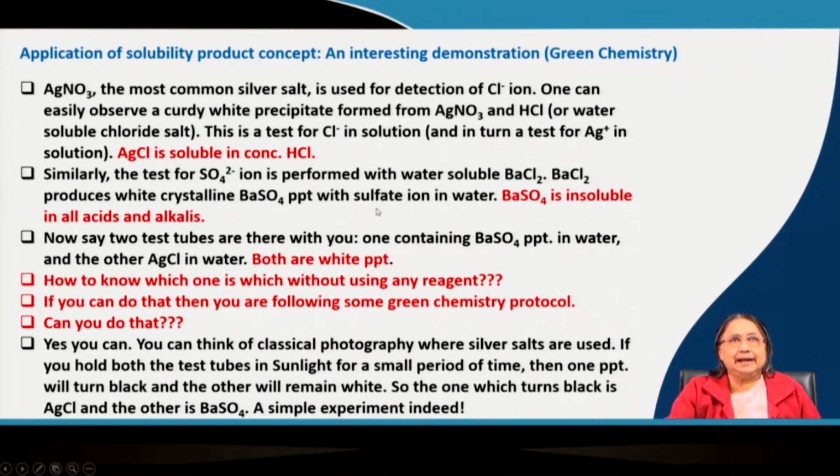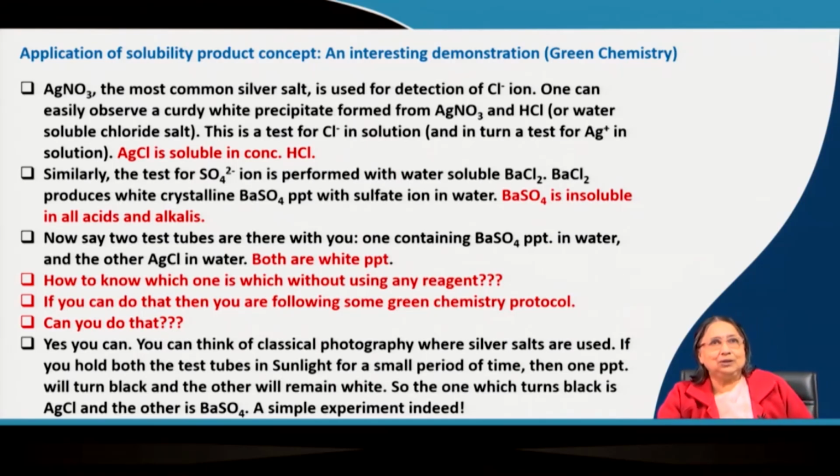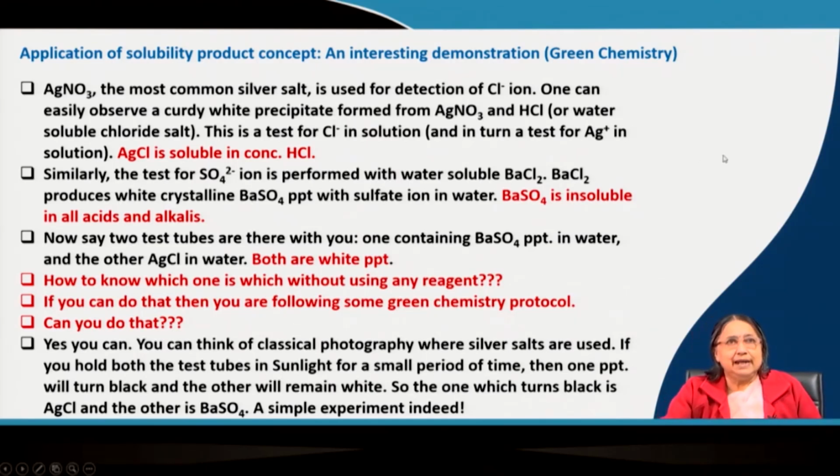This is a test by adding some chemicals. This is not a green chemistry approach. You know that we have to do it without using some reagent, or without using too many things. If we can do something like that, then it is a green approach. So, my question is coming now. Say two test tubes I have given, one containing silver chloride, another containing barium sulphate precipitate in water.